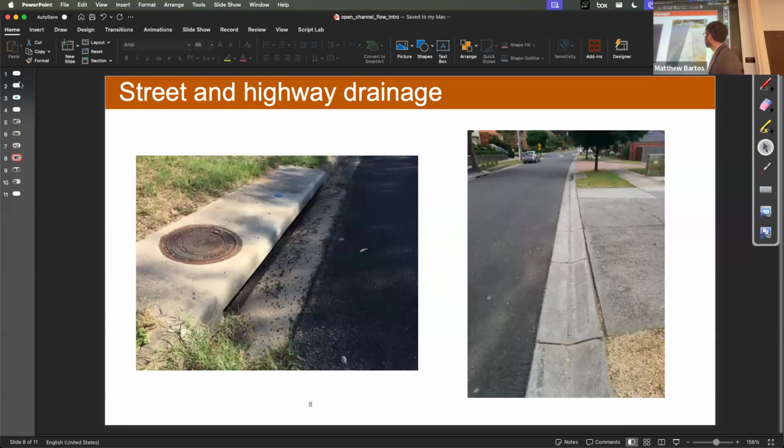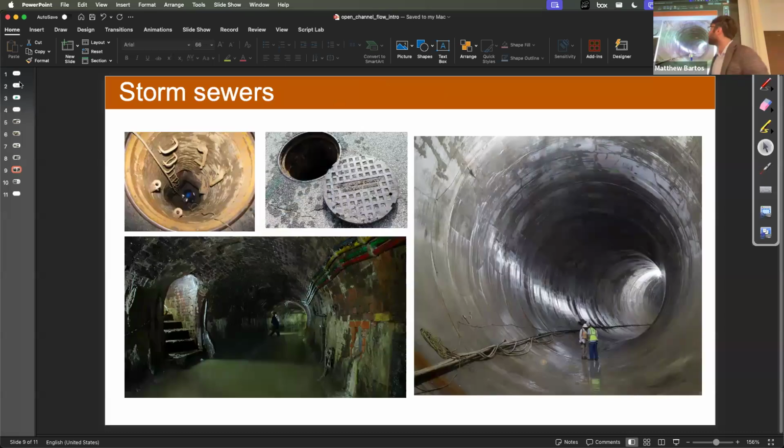We have street and highway drainage. This is something you will probably be working on if you do any kind of development work, like working on a housing development. You need to design gutters to convey an appropriate amount of water while avoiding spread onto the roadway. And simultaneously, you need to design curb inlets to intercept an appropriate amount of water to ensure that you're not overcharging your gutter system.